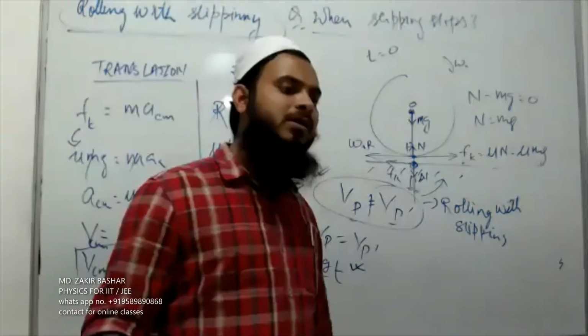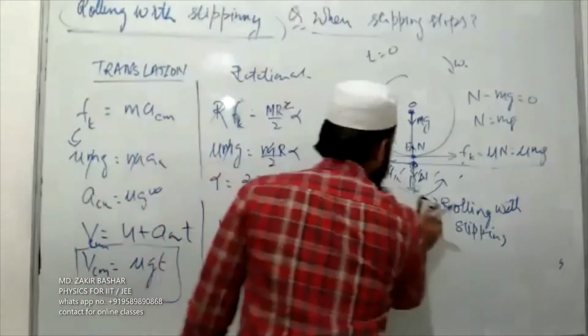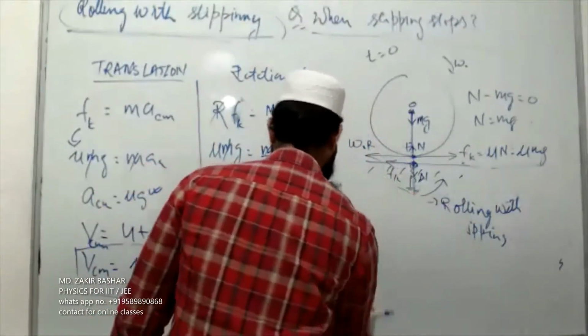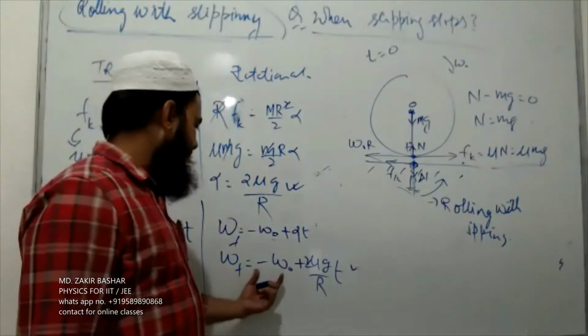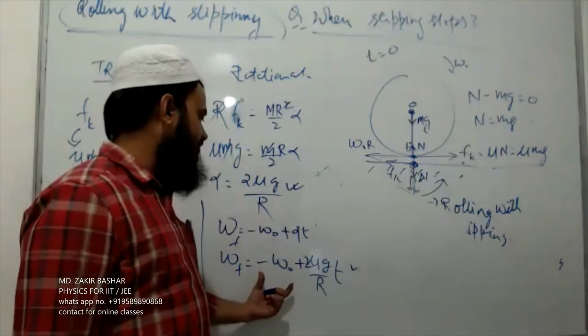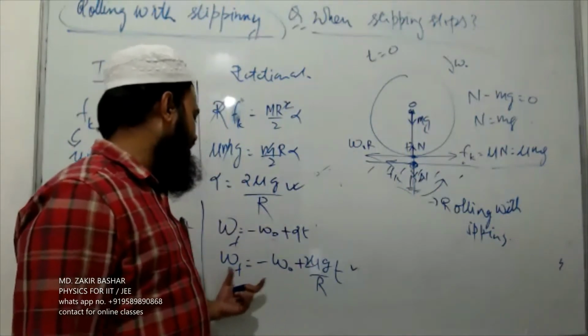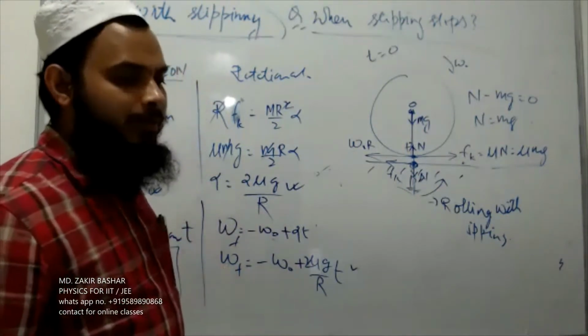Is it clear? Anyone having any problem? Okay. Now see here. This is the V_cm and this is the final omega.